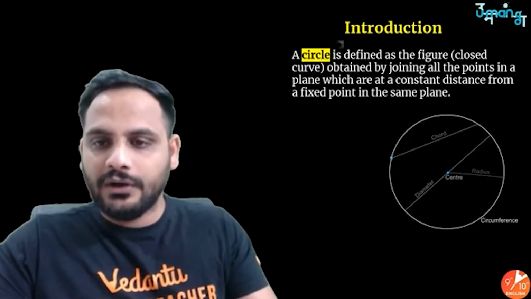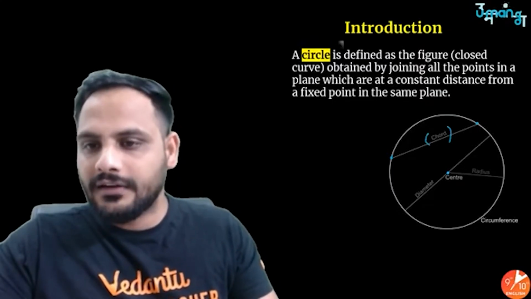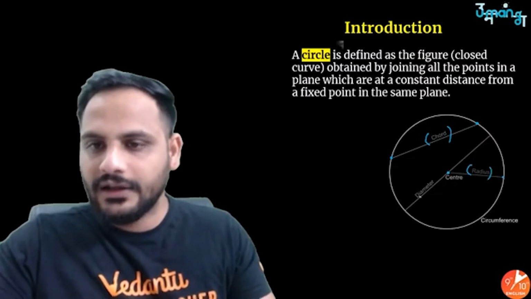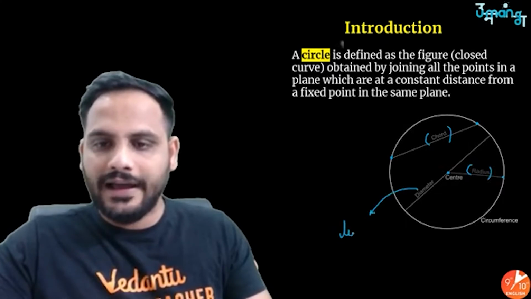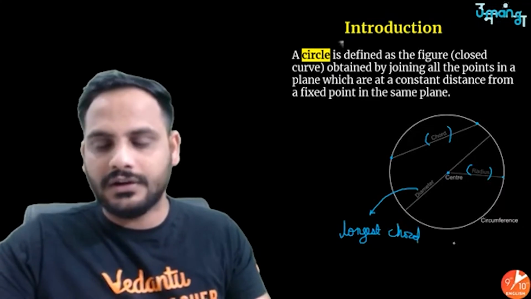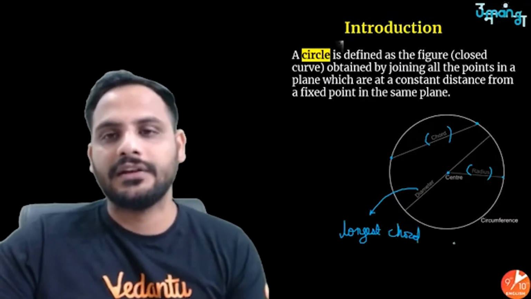The line joining any 2 points on the circle is called a chord. The distance between the center and any point on the circle is called the radius, and the diameter is double the radius. Also, the diameter is the longest chord of the circle.